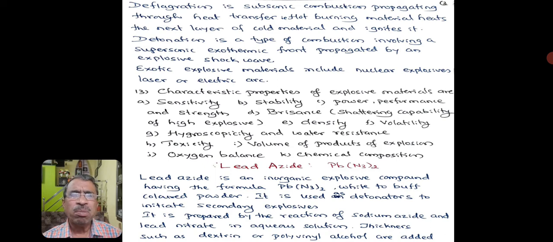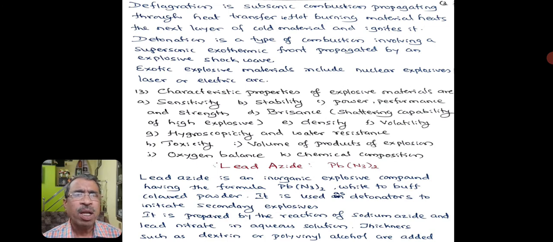These explosive materials are also toxic in nature and they balance oxygen and chemical composition. These are some of the characteristic features of explosive materials. Now let us study some of the explosive compounds.